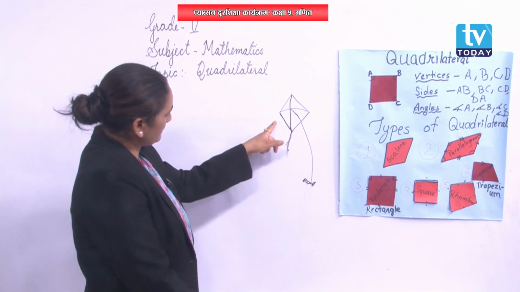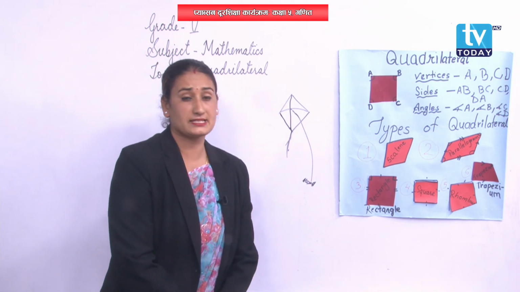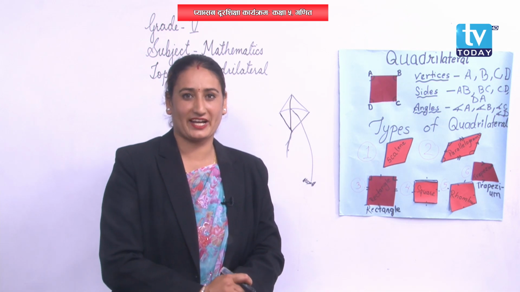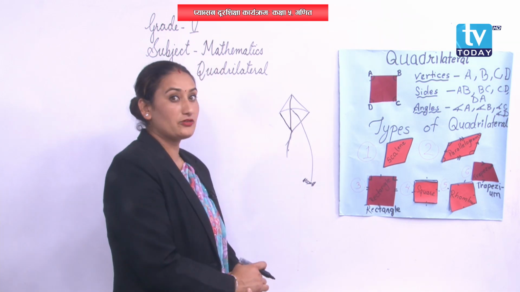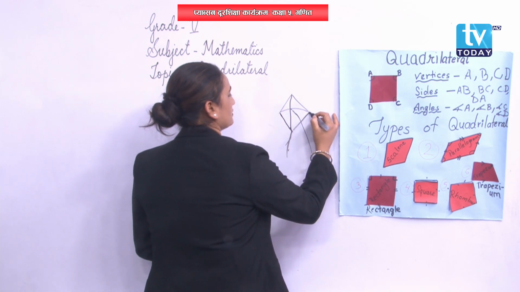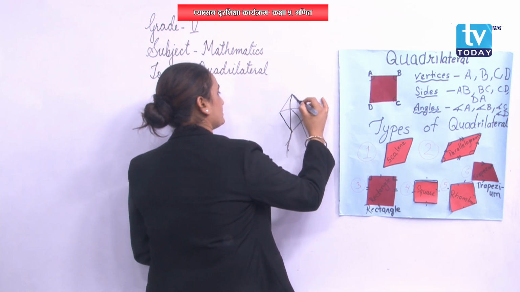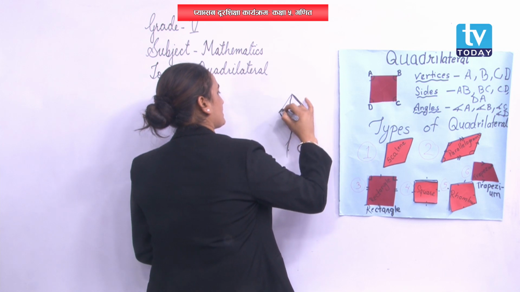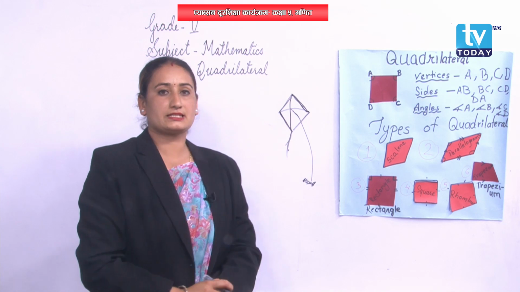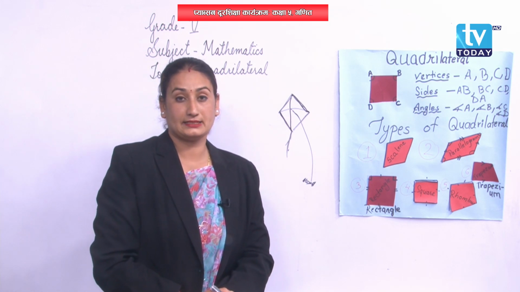And have you noticed the sides of a kite? How many sides are there in a kite? Let's count it, okay? This is one side. This is another side. This is another side, three sides, and this we call the fourth side, right?